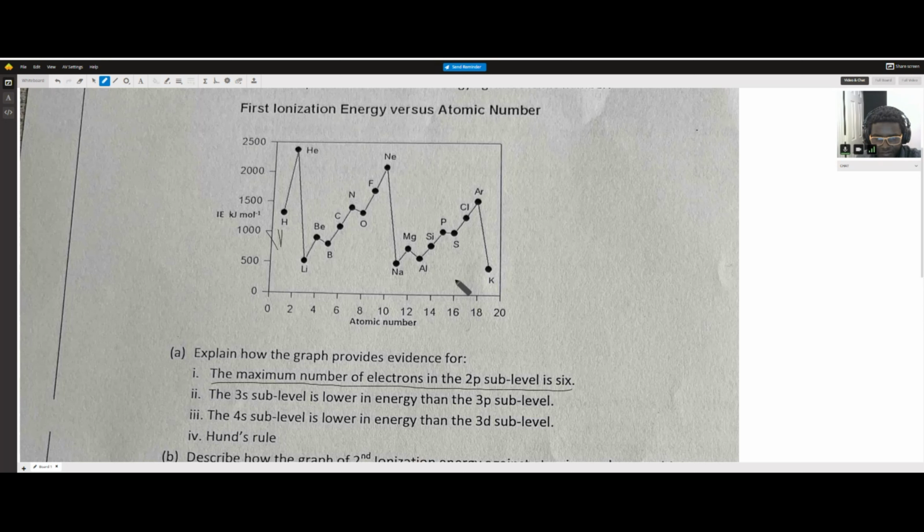And by the same virtue, I was saying the 3s energy sublevel is lower in energy than the 3p energy sublevel. Well, we're taking this entire energy sublevel in its totality. Based on the electron configuration, we know sodium and magnesium both have the 3s valence electron.